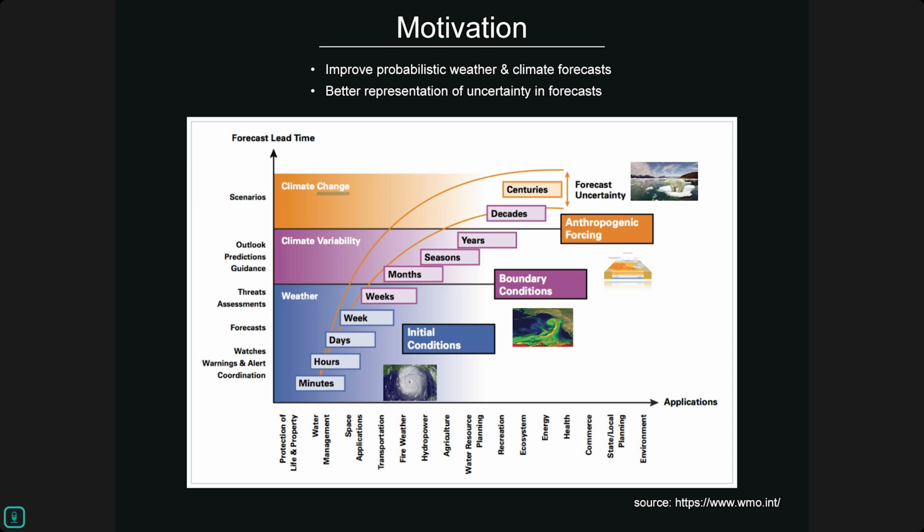So then as we go further along in time, we have weather forecasts, which are issued on timescales of days. Further along, if we go to subseasonal to seasonal timescale, weeks to seasons, we get information in terms of assessments, threats. Is it going to be wetter than normal or drier than normal in the next month?